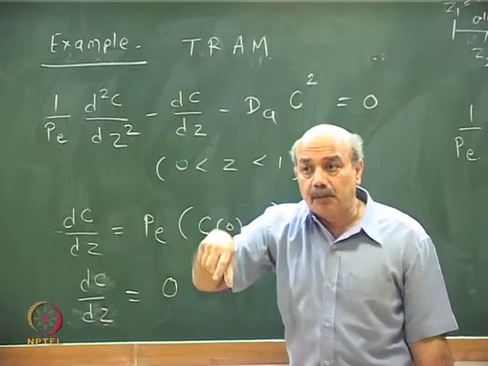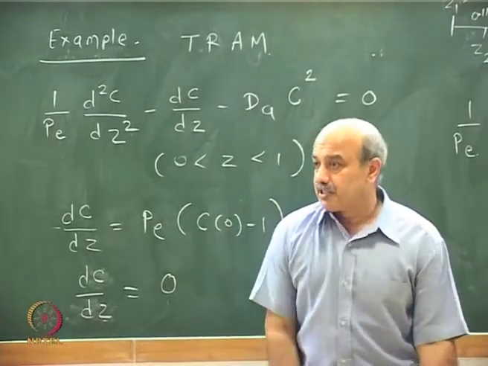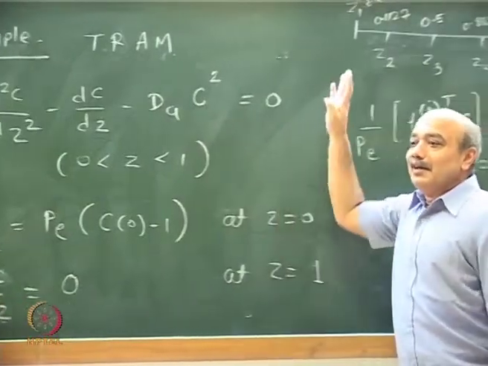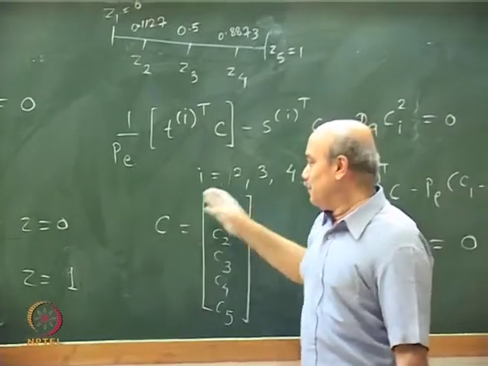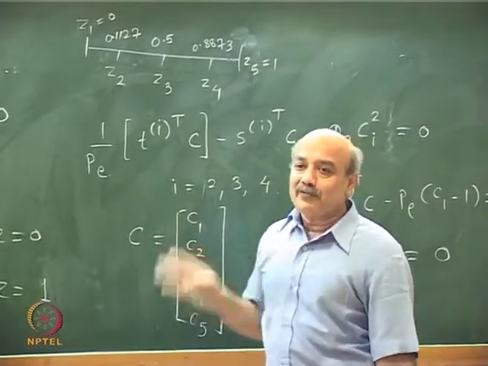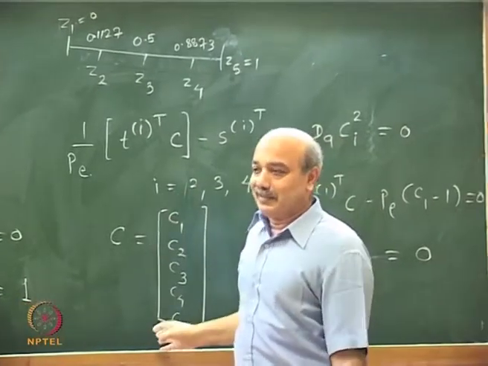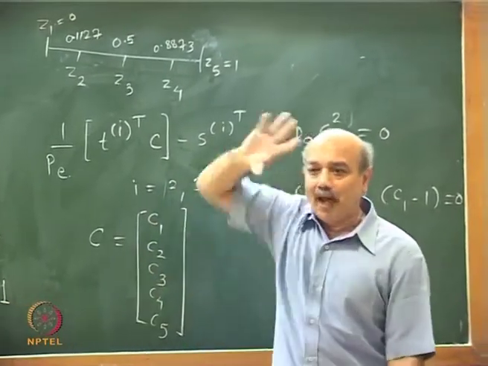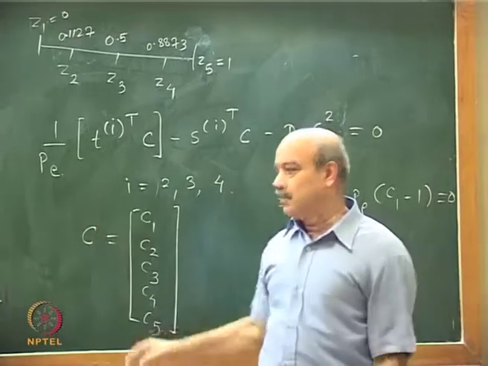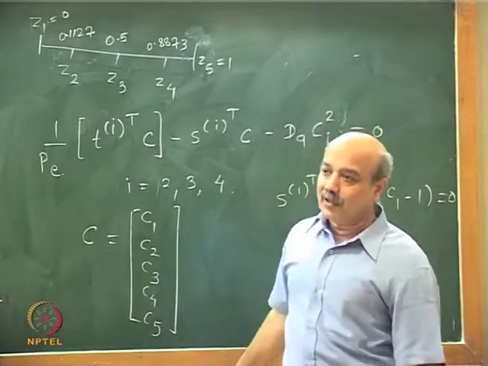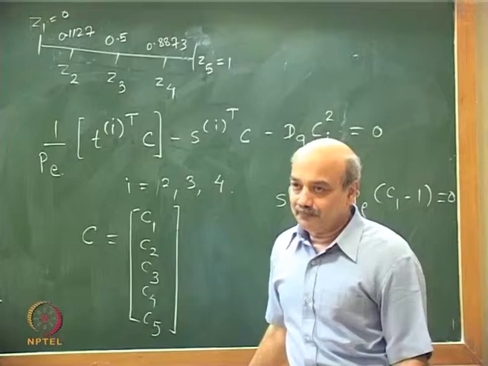We have discretized the problem using an interpolation polynomial, converting it into a five dimensional vector. So we are approximating an infinite dimensional solution using a five dimensional vector.